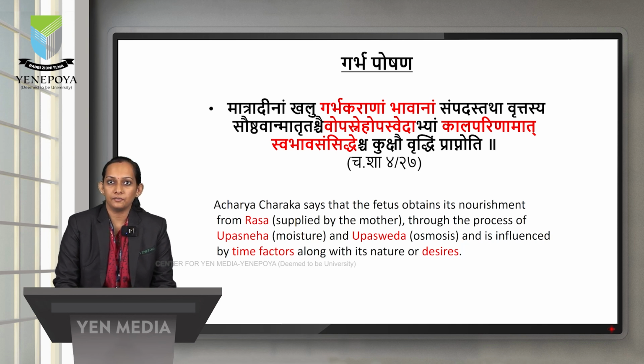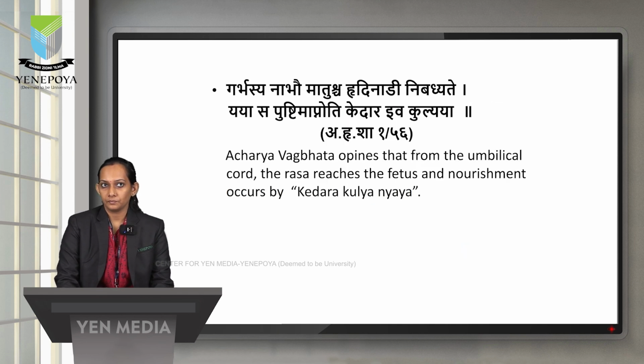There are also other factors, kala parinama, the time factor, as well as swabhava. Swabhava here refers to the desire of the fetus. Because of upasneha and upasveda, kukshau vriddhim prapnoti: the fetus gets its nourishment and grows inside the kukshi, the mother's womb.